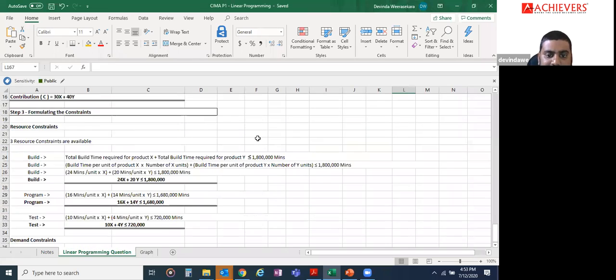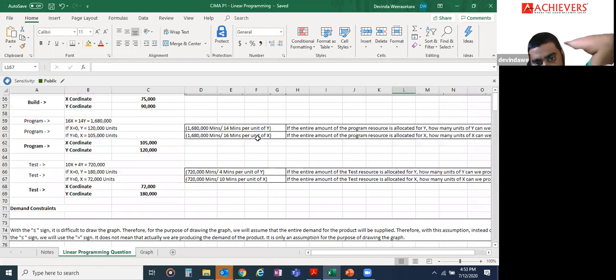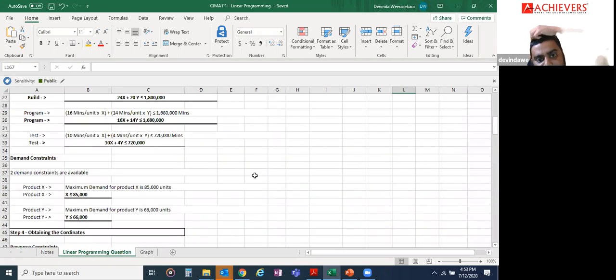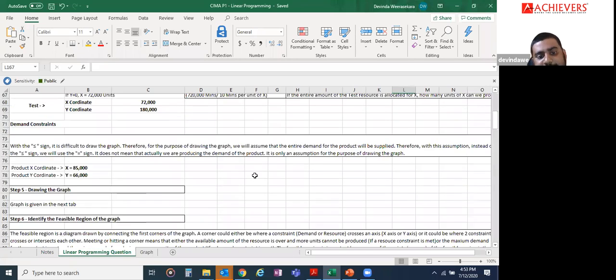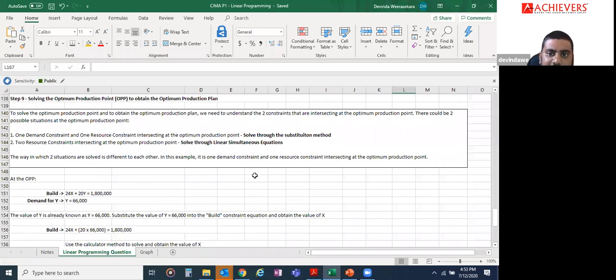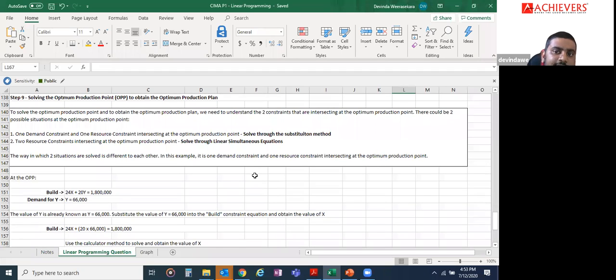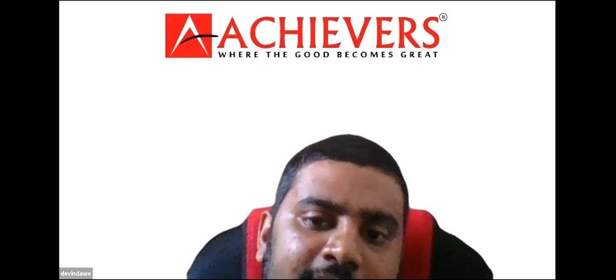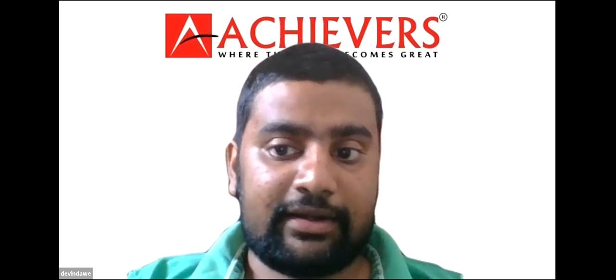So now we completed the entire question, right? End to end. Big question it is, right? So good. So now, guys, are you all clear on how to do the linear programming calculation and how to get the optimum production plan, if at the optimum production point there is one demand constraint and one resource constraint intersecting?